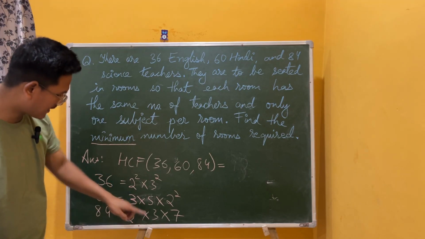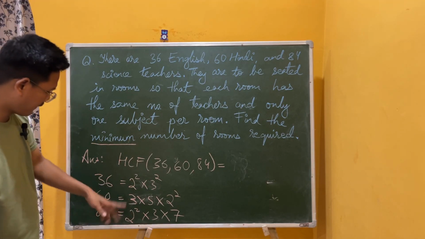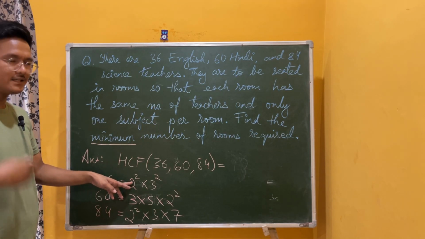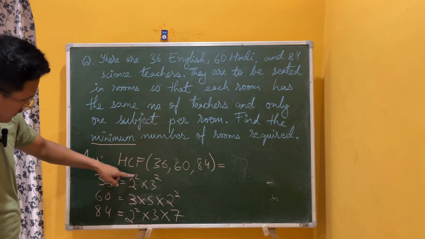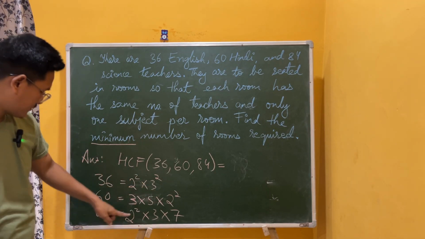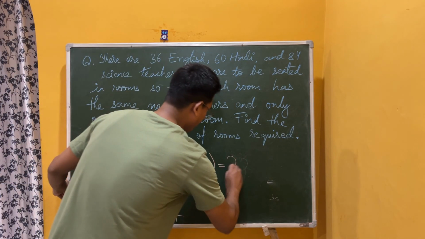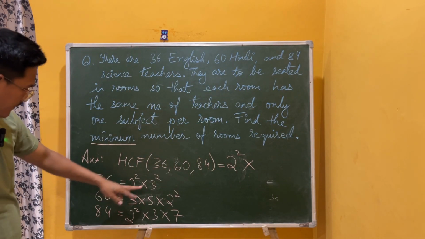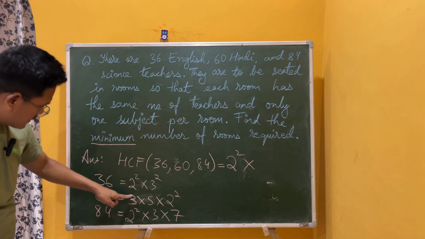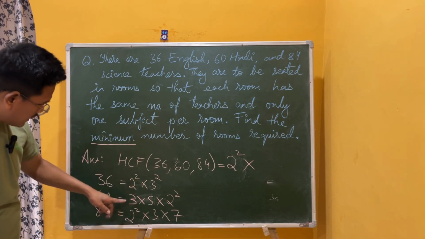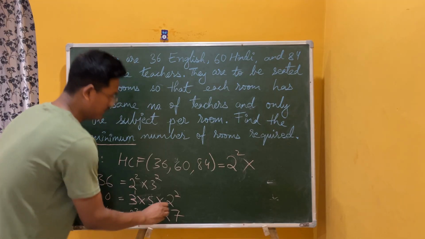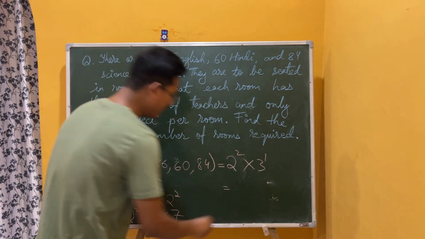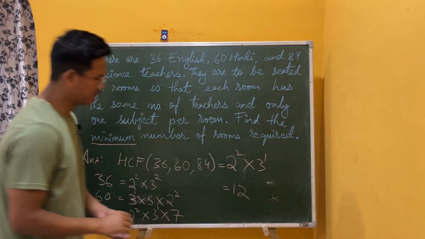So 2 and 3 are there in all the factorizations. What is the least power of 2? Here 2's power is 2, 2's power is 2 and 2's power is 2. So the least is 2 only. Its product is with 3. Although 3 is common, the least power is 1. When you multiply, the answer is 12.